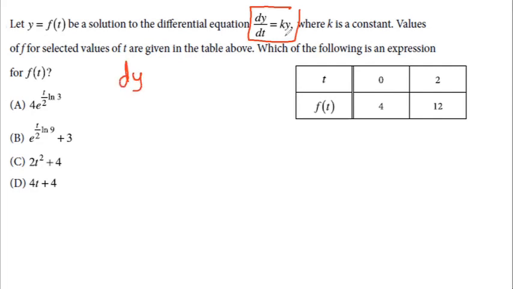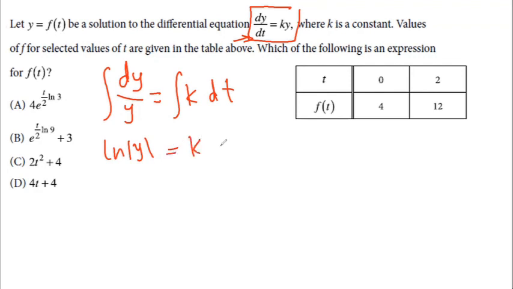So typically this is what we do with this kind of question. We divide by y on both sides and multiply by dt. So you get this, and we all know how this ends up, but we can do it. So here we have ln y, on the other side we have kt plus, we'll call it c naught, because we're going to have another constant later.